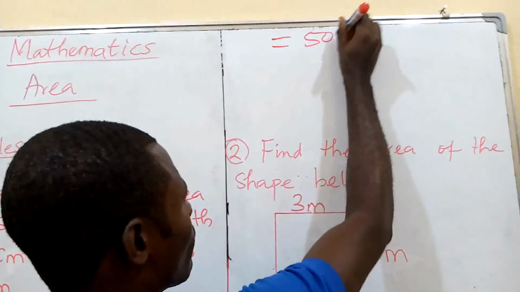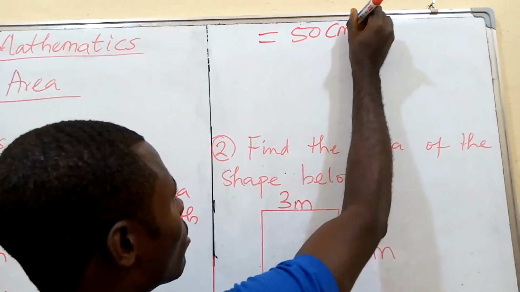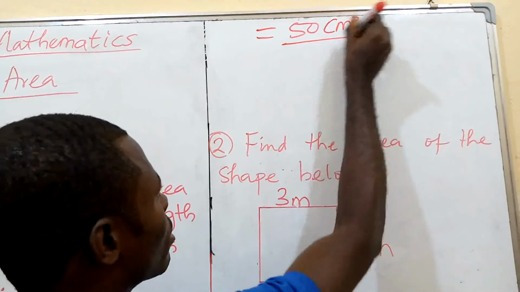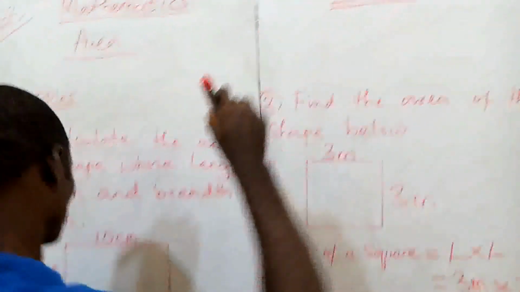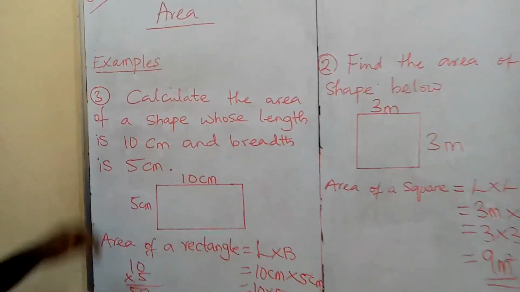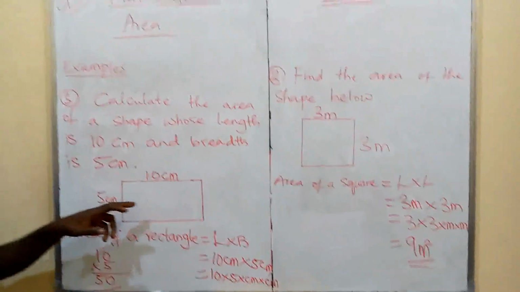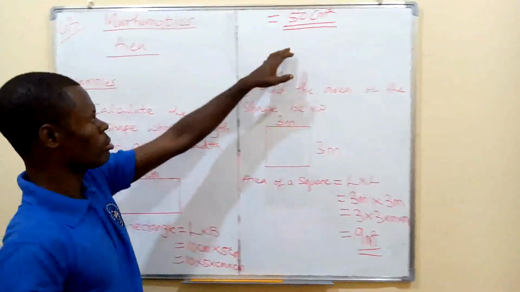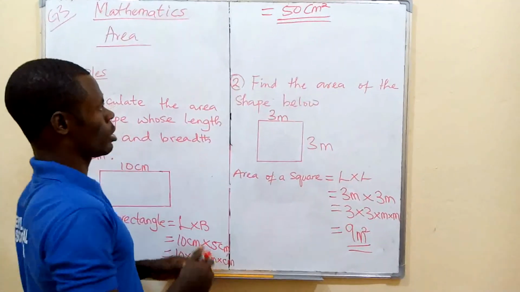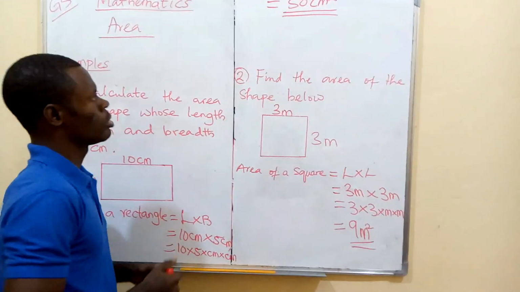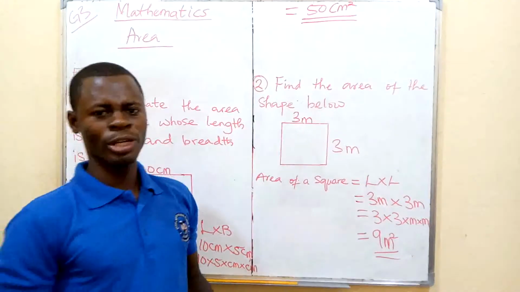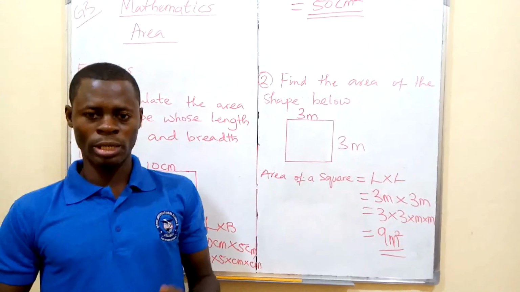Cm square. All right? So the area of the rectangle is 50 centimeters square.